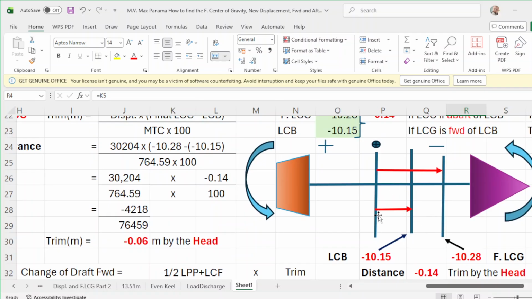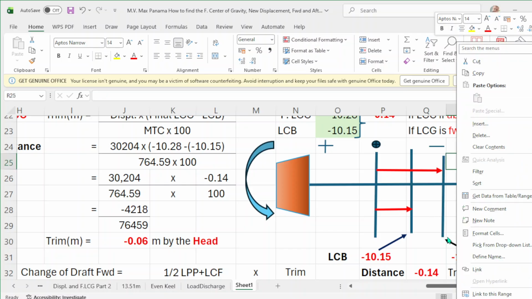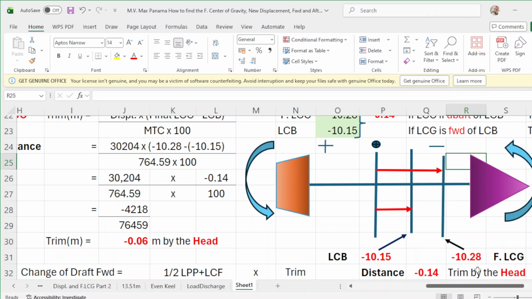Take note your final LCG is negative 10.28 from midship, measured 10.28, and your LCB is negative 10.15, measured from midship going to this vertical line. This will be your LCB. This will be your final LCG. Okay. Take note, it is ahead of LCB.